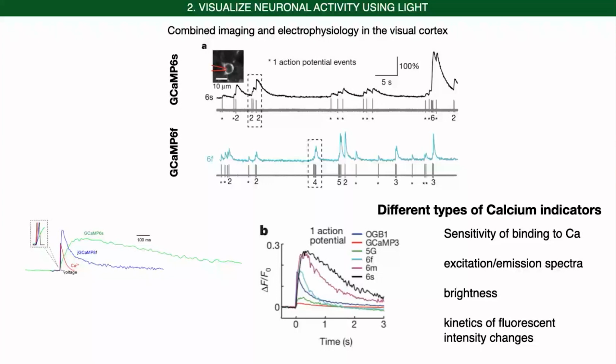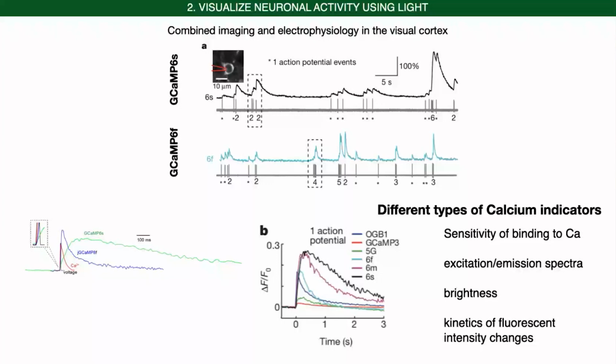Also, on the bottom left of this slide, you can find another graph. And here it is interesting to notice the kinetics of calcium, so how calcium enters the cell and then exits the cell. And these kinetics are way faster than what we can get from calcium indicators. But things are getting better and better basically every year. So you can see two examples in green and in blue.